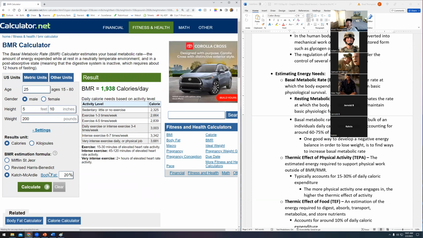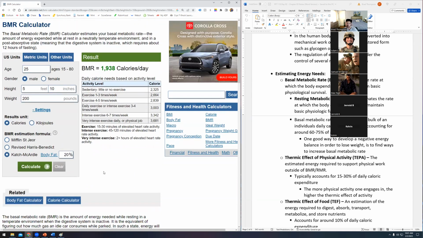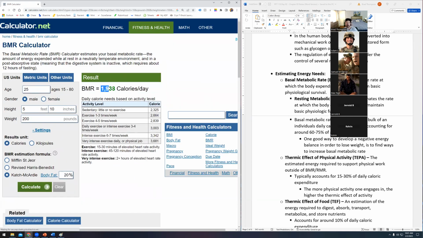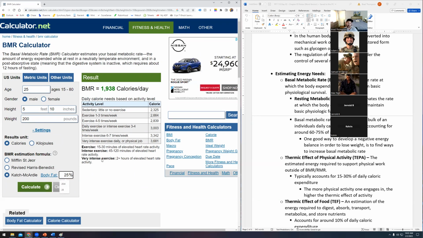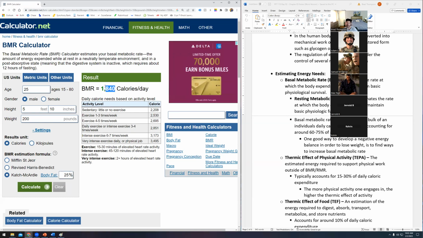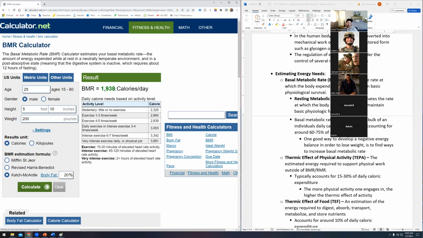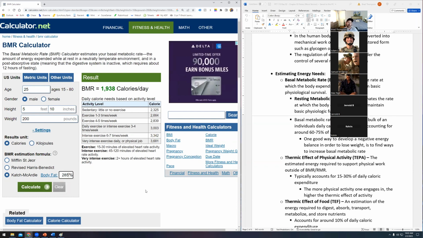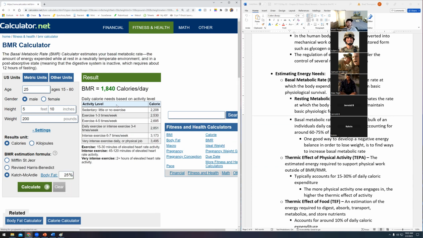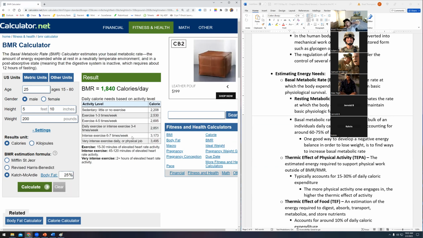That right there at 20% body fat means they've got a BMR of 1938. Let's take their body fat percentage to 25%. That's going to put their BMR at 1840. So 20%, 1938. 25%, 1840. Those are some pretty big differences.